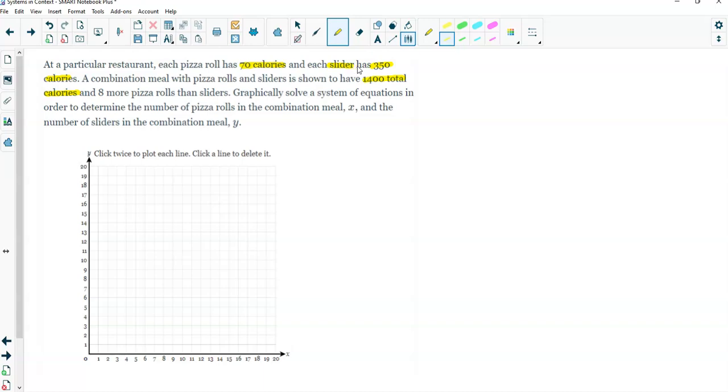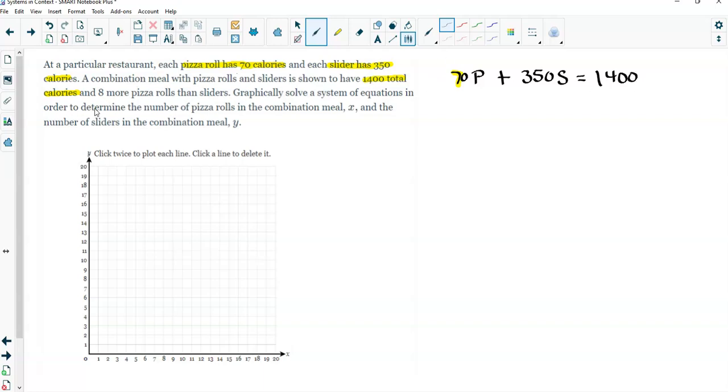So sliders has 350, pizza rolls has 70 calories. So let's say that 70 calories per pizza roll plus we have the 350 calories per slider, and that's a total calories for both of them of 1,400. So there is one of the equations.